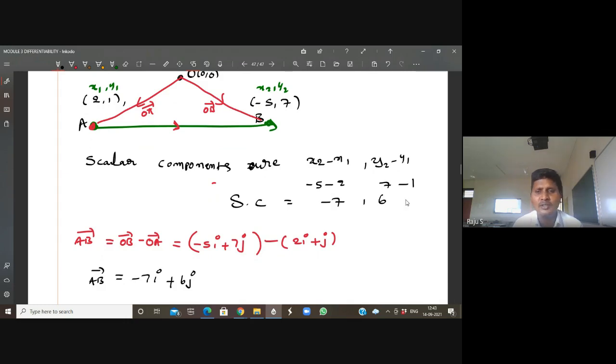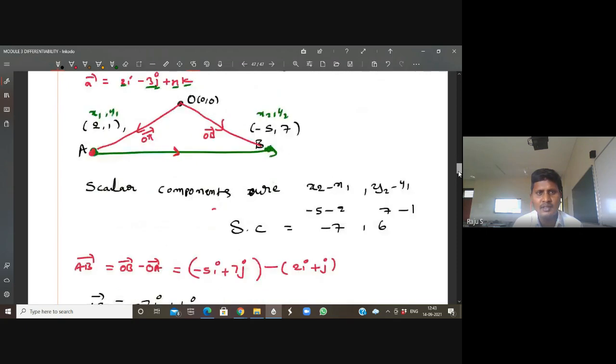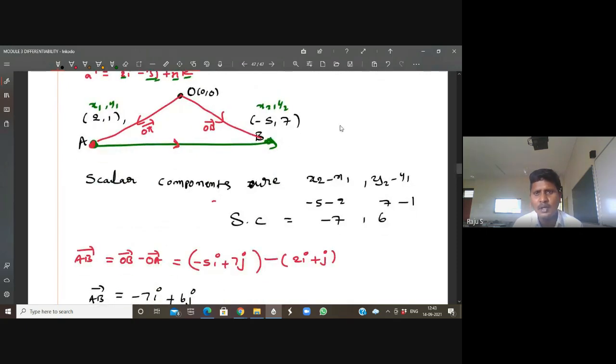Scalar components into unit vectors. Another formula, directly, when they have given two different points: vector AB is given by x2 minus x1 into i cap plus y2 minus y1 into j cap. Already we found x2 minus x1 is minus 7 and y2 minus y1 is 6.